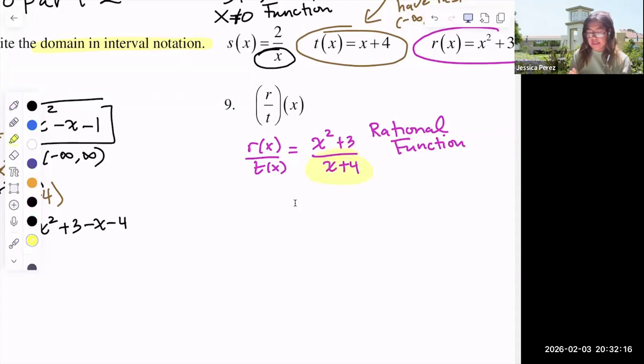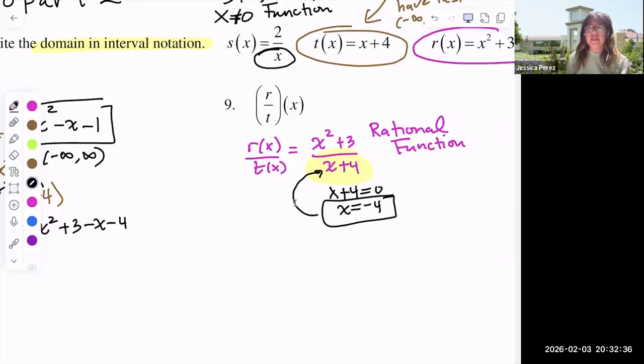You're not allowed to be 0 on the denominator. So this becomes an equation: at what value does that denominator give us 0? So that's x plus 4, set it equal to 0. That gives us x equals negative 4. So at x equals negative 4, that will make my denominator 0. So that means that my domain is every value, negative infinity to negative 4 union from negative 4 to infinity.